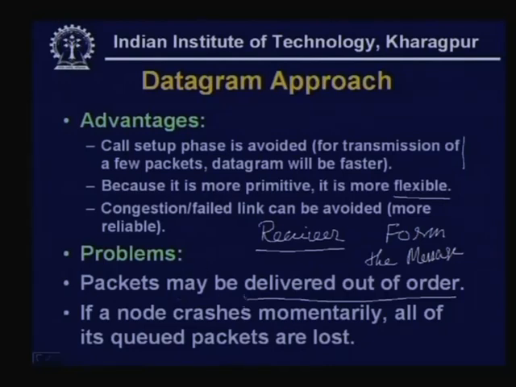So, the destination node will require much processing power and storage space, so that all the received packets can be stored and then combined to form a message and forwarded to the upper layers.